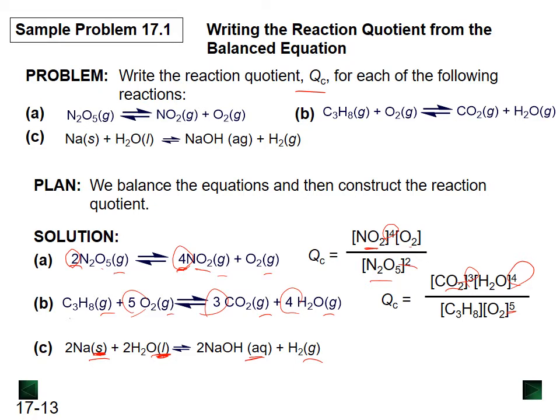Only include gas phase and aqueous solution, because aqueous solution concentration can change. In this case, the equilibrium constant is the product divided by reactants. The reactants shouldn't be included, only the products. You have a 2 here, so sodium hydroxide is raised to the power 2, times the hydrogen gas concentration.